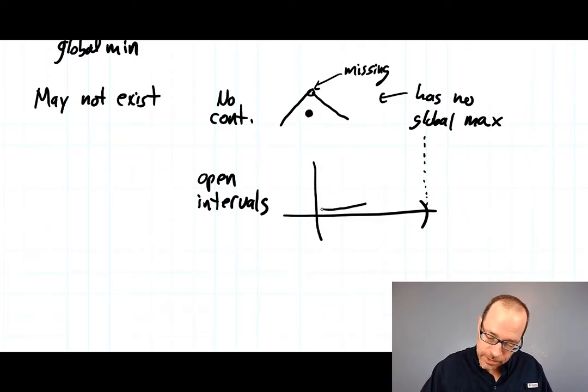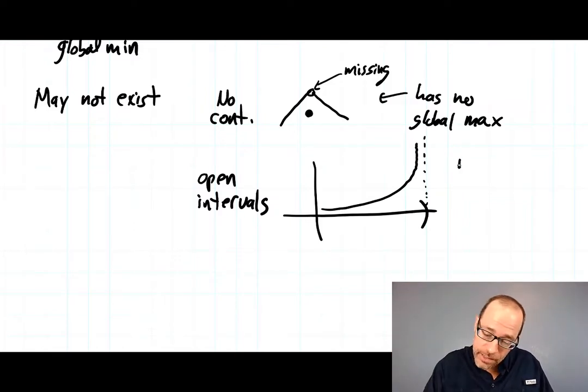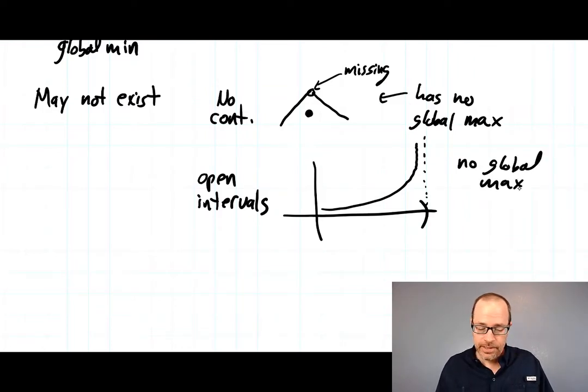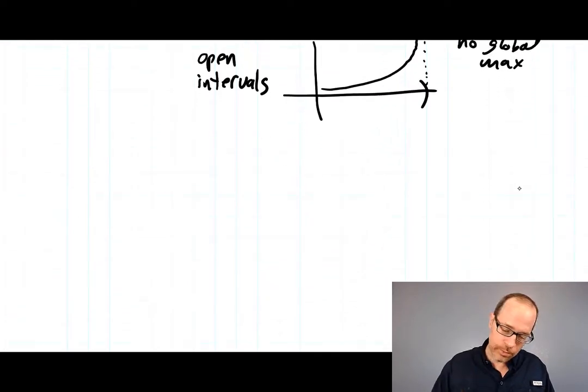You could have a function that kind of blows up there. It keeps going forever, it just gets higher and higher and higher, so there is no global max, or a local one as well. So open intervals and discontinuous functions can be problems for having local and global maxes.